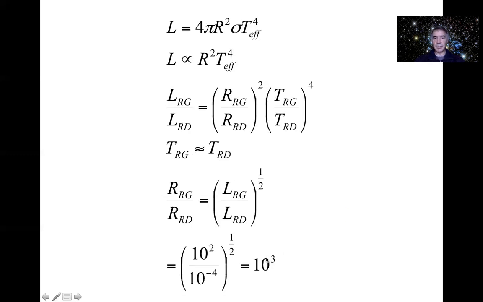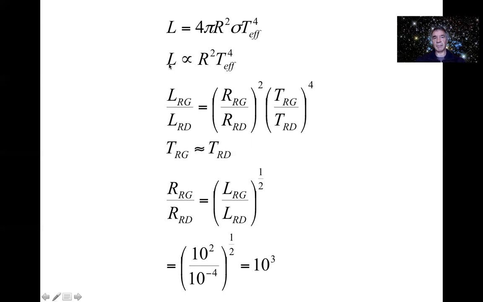So that's manipulating that equation. So we can put that into action. You can see the proportionality here: L is proportional to r squared T to the fourth. Now, we've already said that the HR diagram is basically a plot of luminosity versus effective temperature. And it's a log plot, so it's a plot of log L versus log T. And so again, if you take the logs of this kind of formula, then you would see that that would be a straight line.